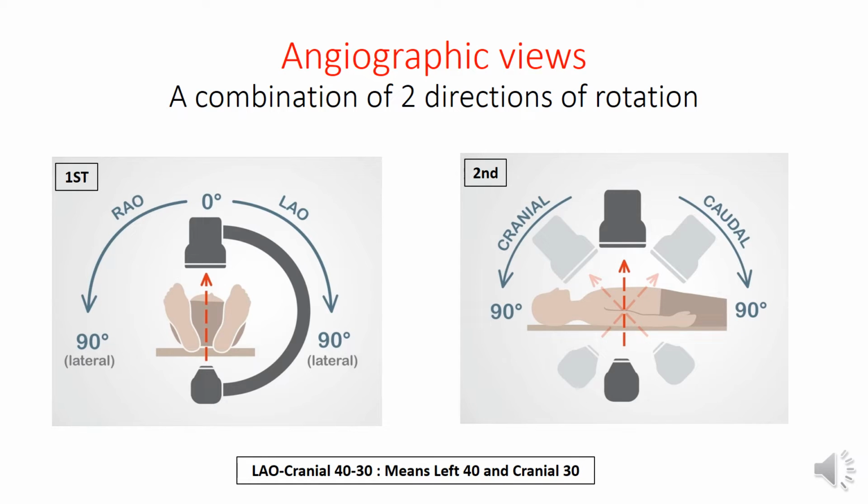Actually, all the coronary angiography views are made by a combination of both movements. So if we move the tower to the left and then cranial, this view will be called left cranial view.